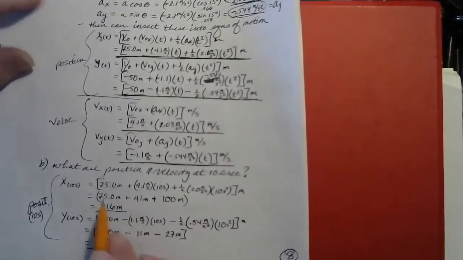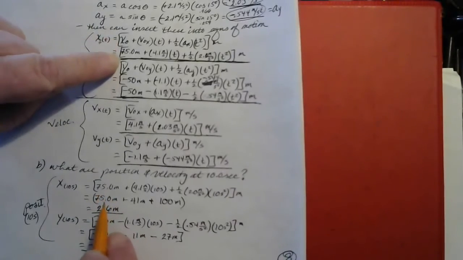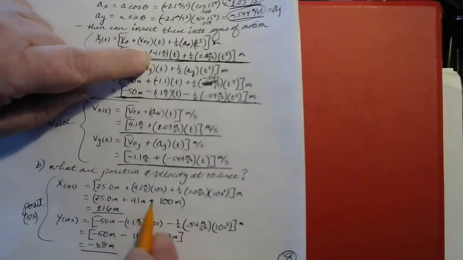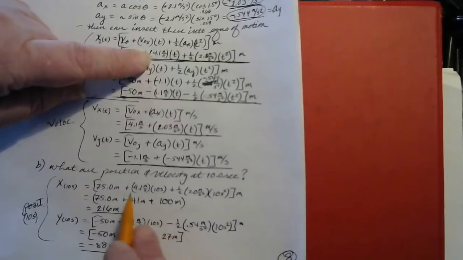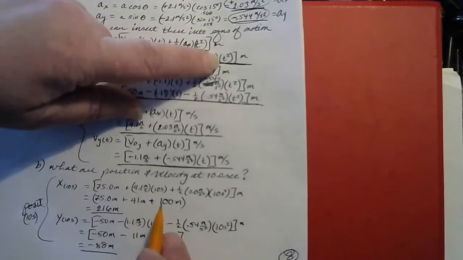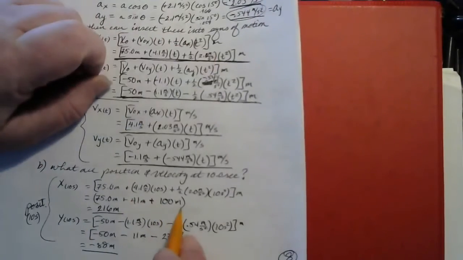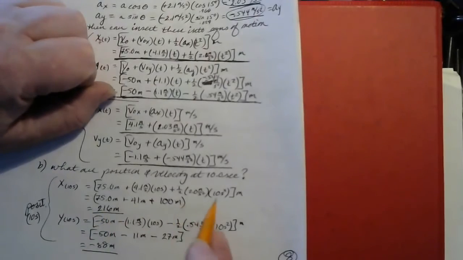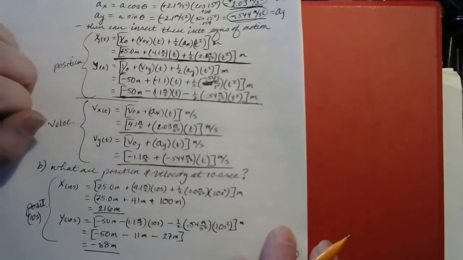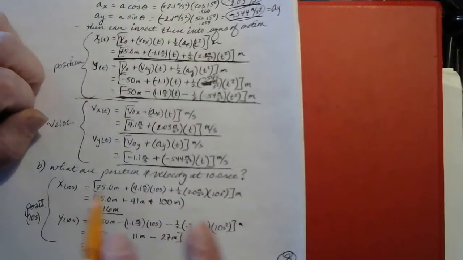So if the position in the x direction is given by 75 plus 4.1 times time, that's going to be 4.1 times 10, or 41, plus 1/2 times 2 times t squared. Well, that's going to be 1/2 times 2 times 100, or in other words, 100. So all of that adds up to 216 meters. So that's how far the skier is away from the lodge in the horizontal direction at 10 seconds.